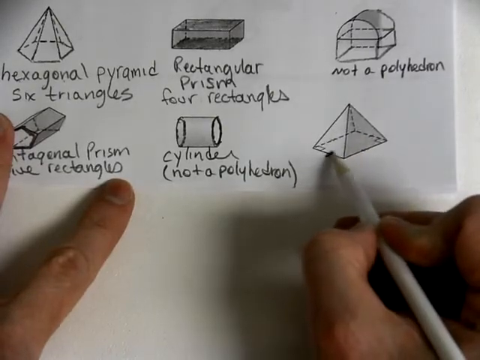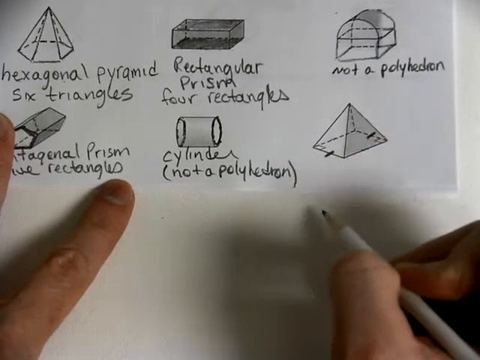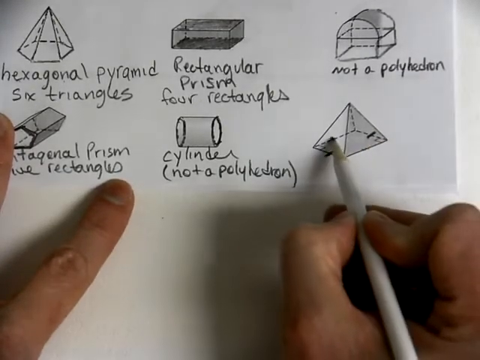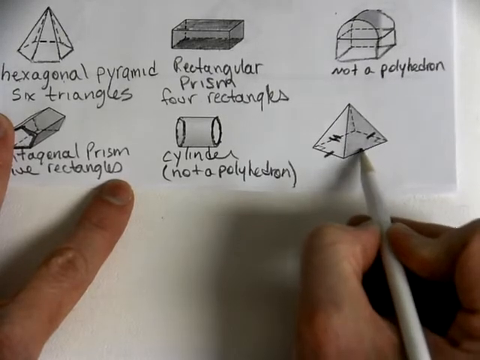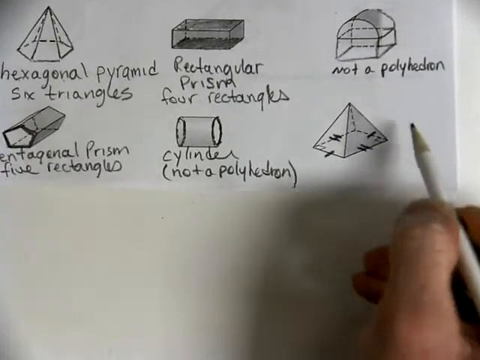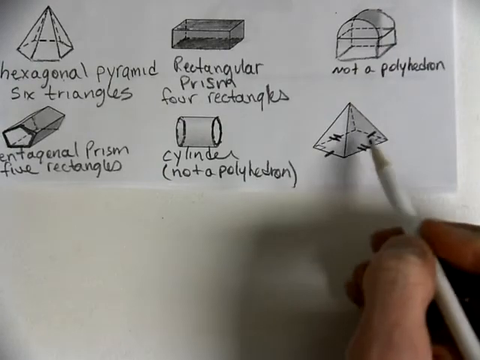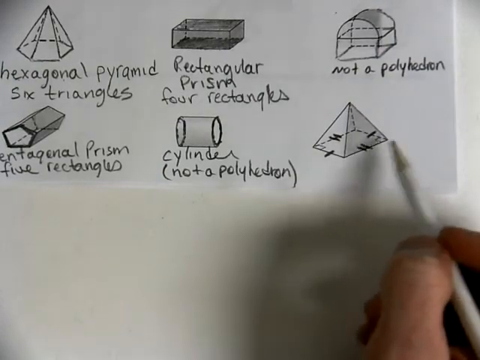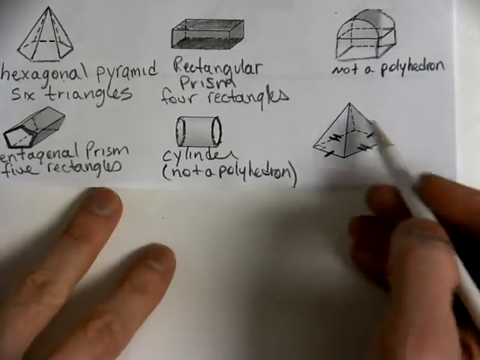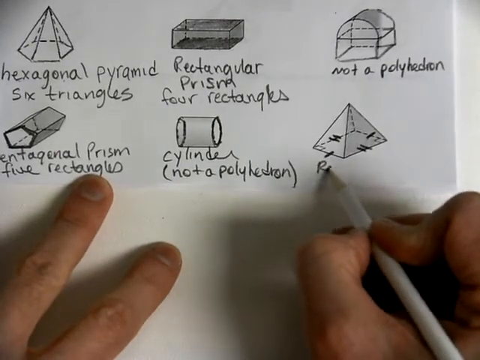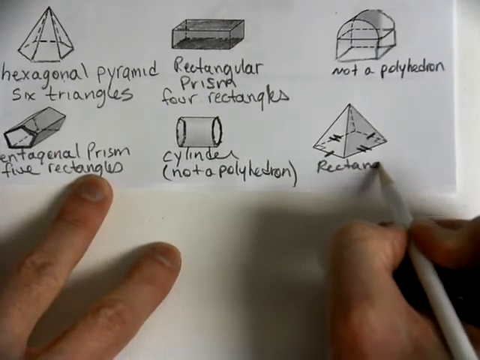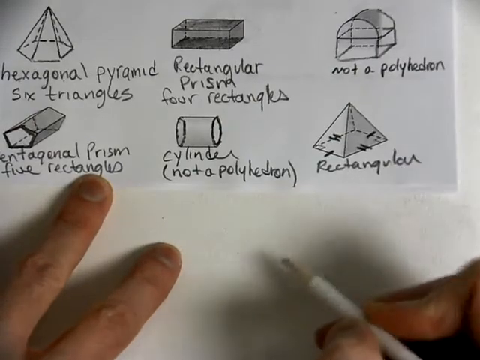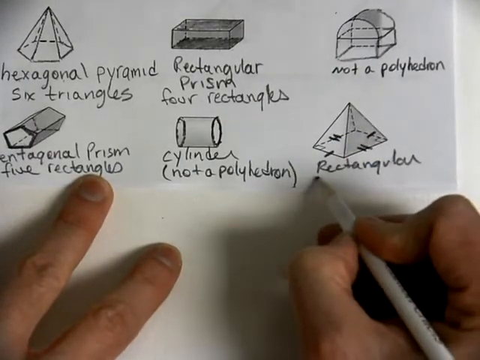Here, if you look closely, you have two sides that have the same number of tick marks, another two sides with the same number of tick marks, but notice they don't have the same tick marks as each other. So this is not a square, this is just a rectangle. So we'd call it a rectangular prism.